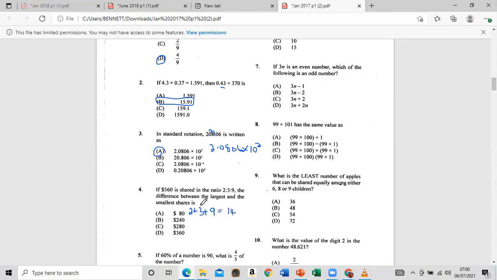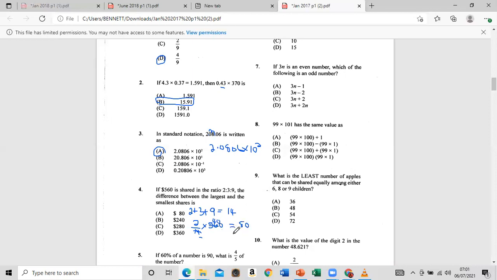Now they say the largest and the smallest share. So the smallest share would be 2 out of the 14 times 560. Alright, so 14 into 56 goes 4 times. So this smallest share would be 80.